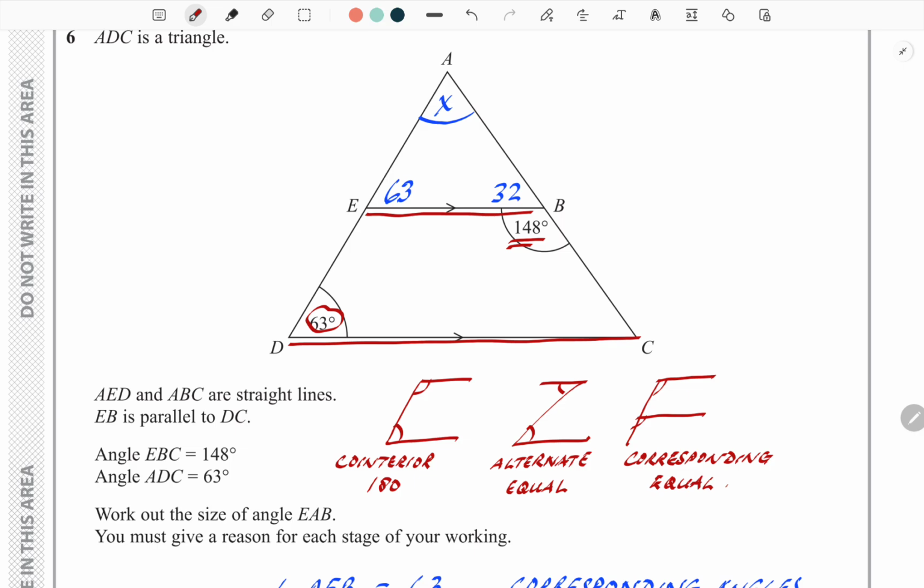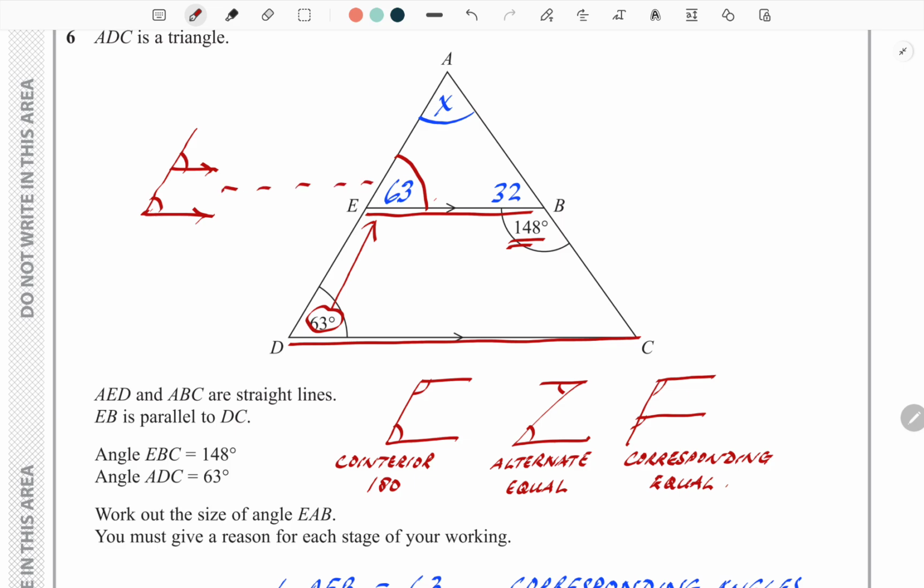So using the corresponding angle rule, we know that the 63 here must equal the 63 from AEB, that one there, because it's like an inverted F. So if these lines are parallel, then this angle here will equal that angle there.